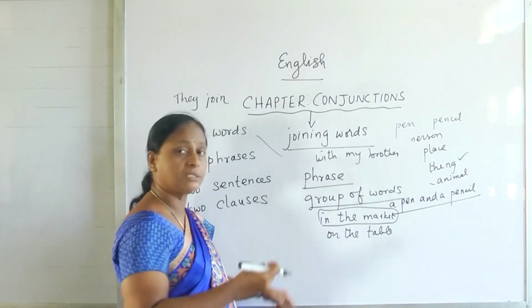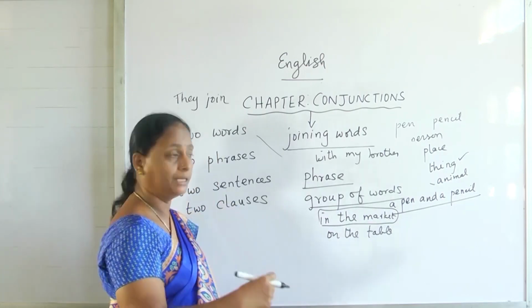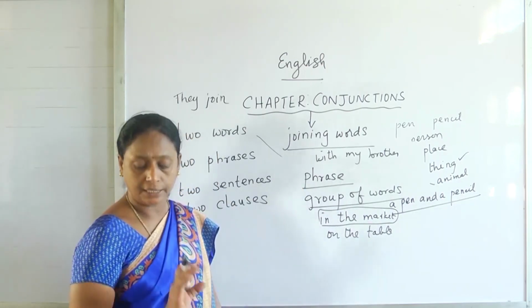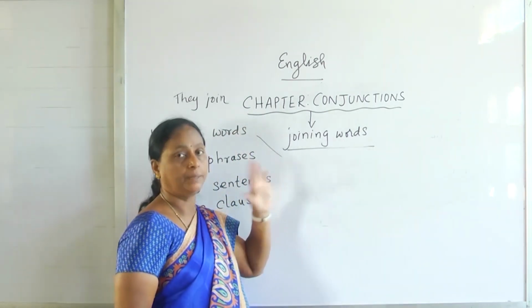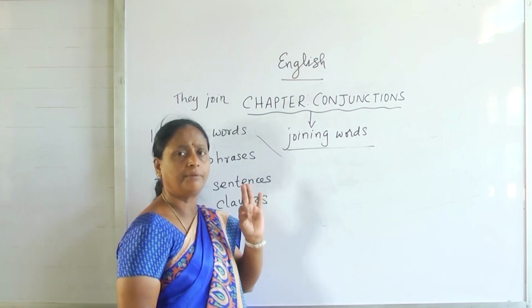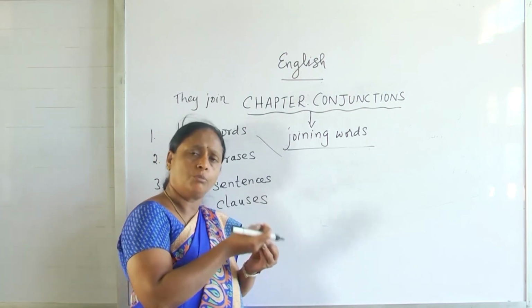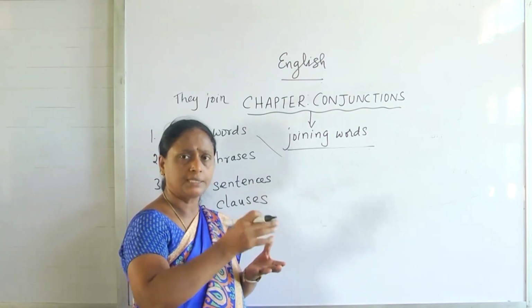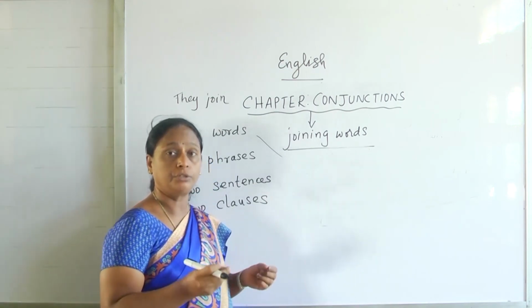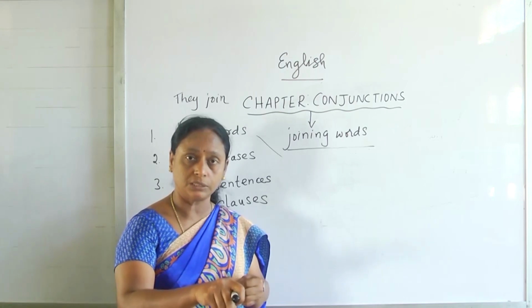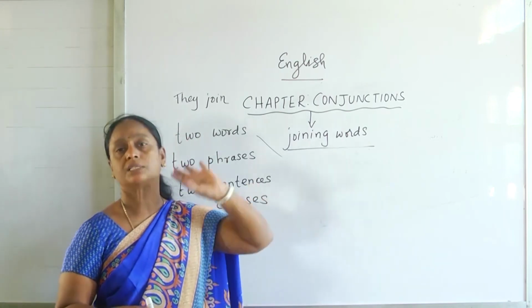Now these phrases are going to be joined with a connector that I am going to use in my sentence. See how to join them. First, when I wrote a pen and a pencil, I just mentioned I have a pen and pencil. Now I am adding some more words to those two words and making them a phrase.